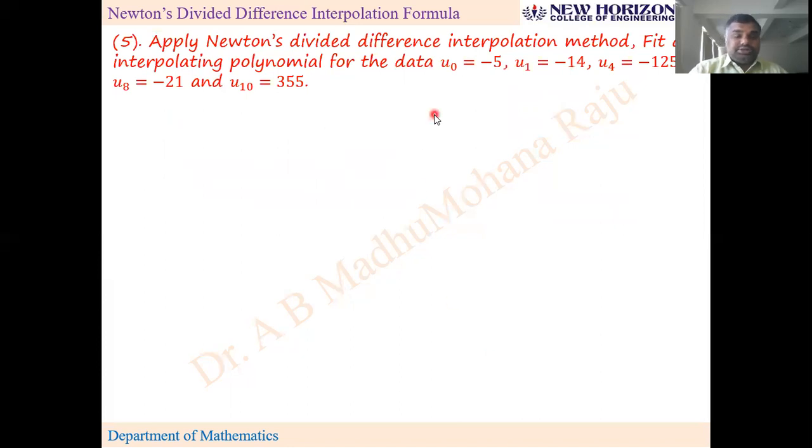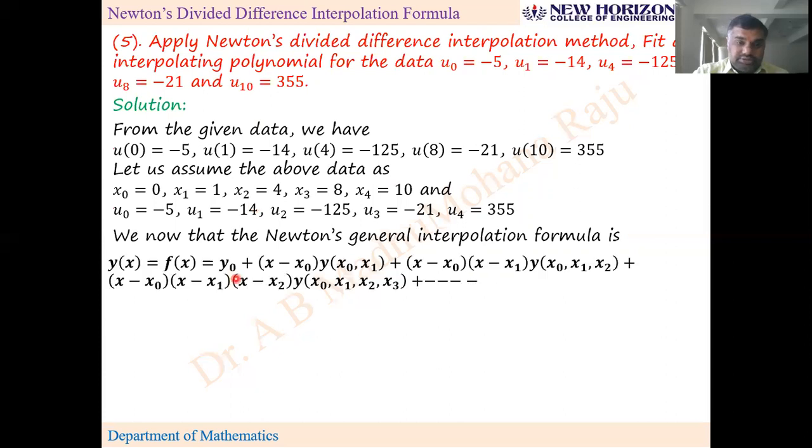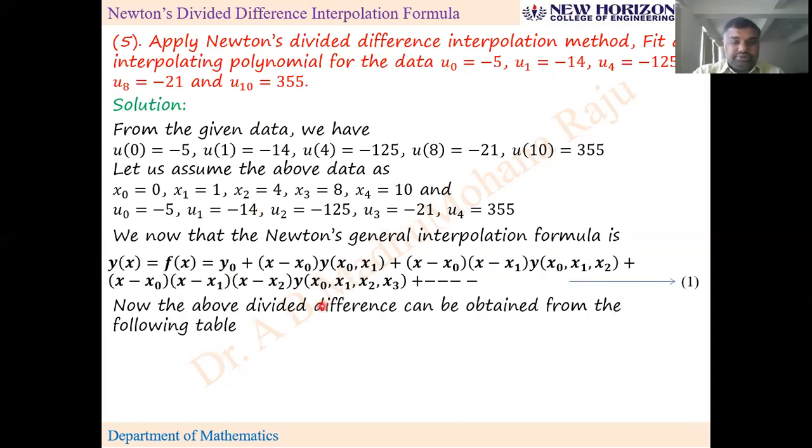Next, here instead of giving points, they mention terms with suffix. Instead of y, they use u. u0 means at 0 the value is given, at 1 it is given, at 8 it is 4, and at 10 it is given. List out those values as x0, u0. I am taking u as y. Same procedure by Newton's divided difference formula.